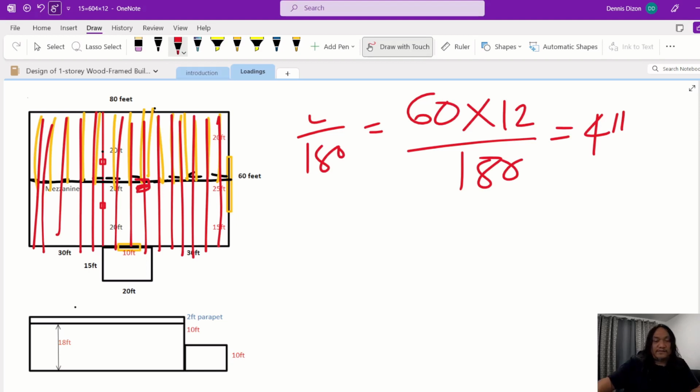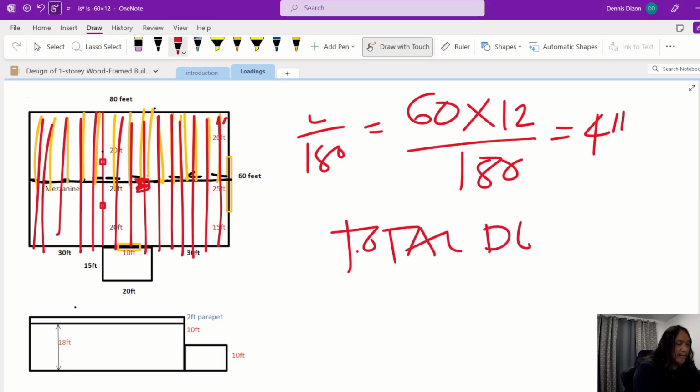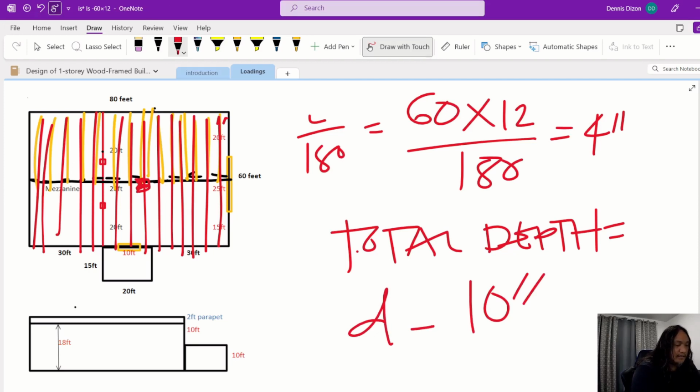Yeah, 4 inches. So we already have the change in elevation from the highest level of the roof at the perimeter to the lowest level, which is 6 inches. Therefore, our total depth is equal to 10 inches.